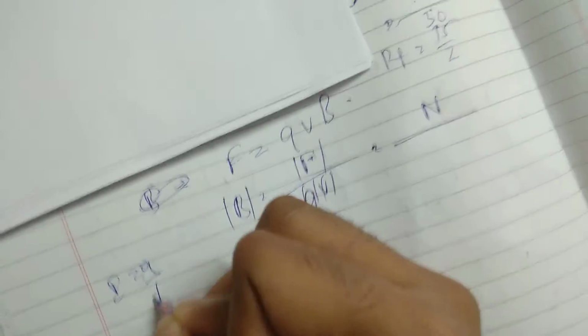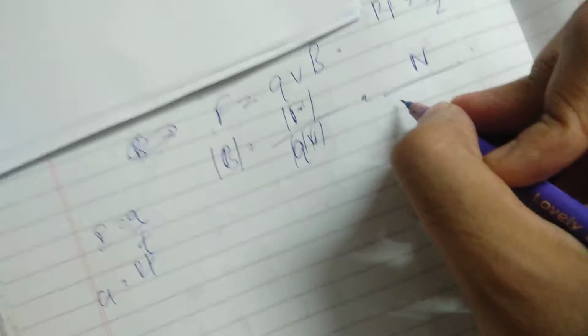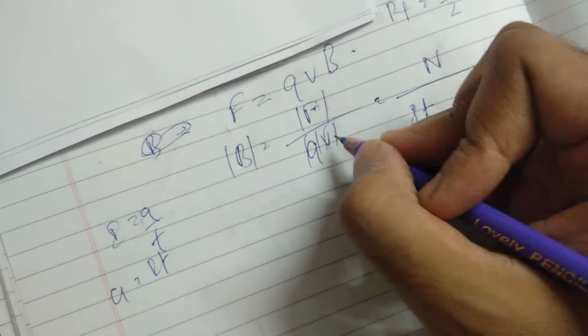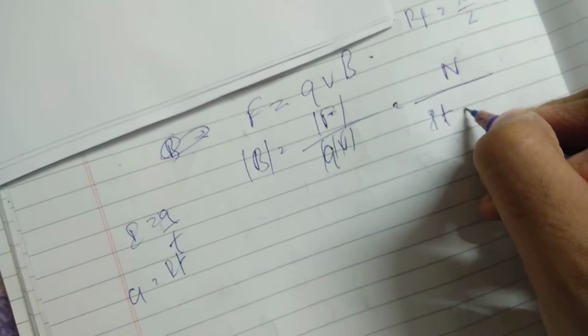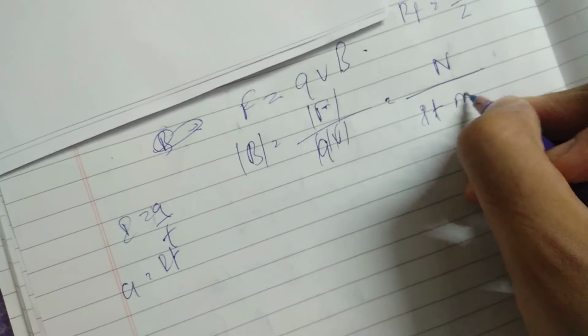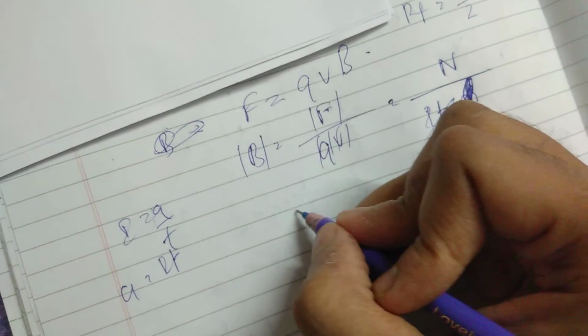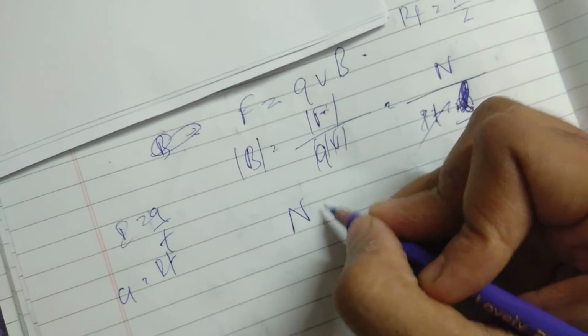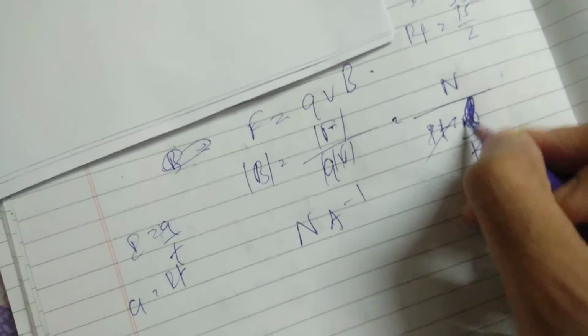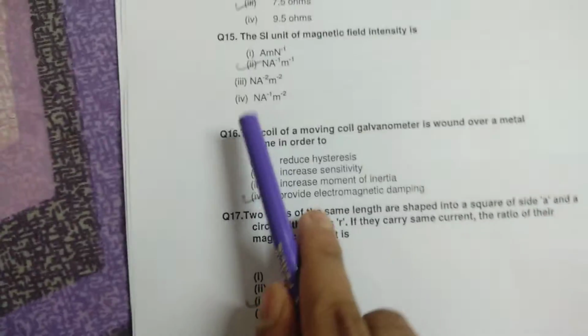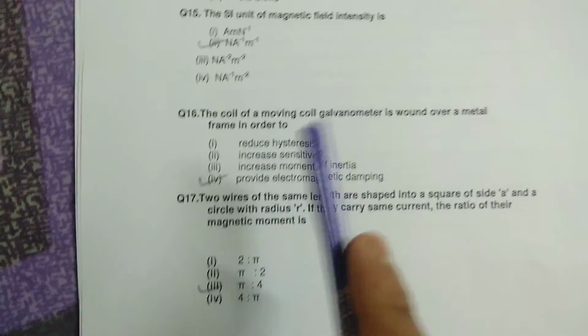So I equals Q by T. So Q we can write IT. So in place of Q I am writing IT. And velocity is distance by time, so distance means meters, or let me write L, distance L over T. So T cancels. So Newton, for I we have ampere inverse, and then 1 L, so meter inverse. So that is the option: Newton, ampere inverse, meter inverse.